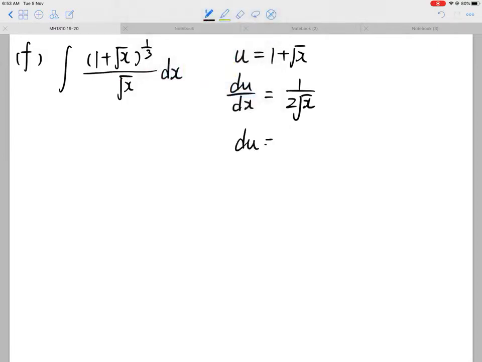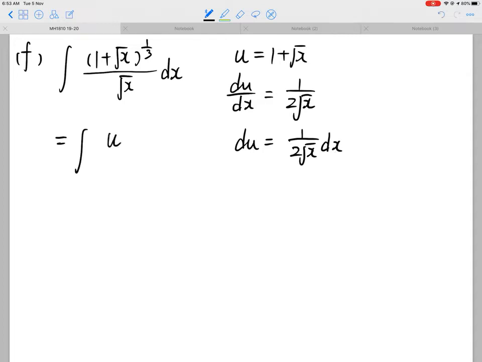Which means your du is 1 over 2 square root of x times dx. Okay, so this part is this part.